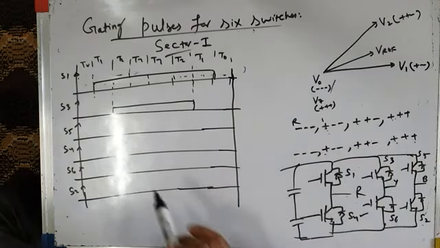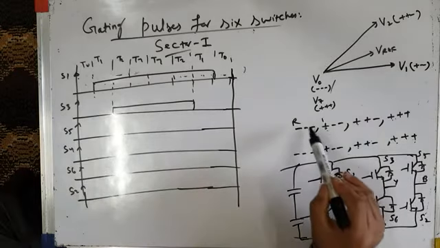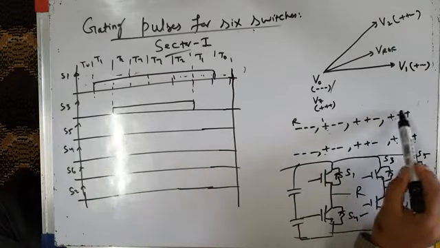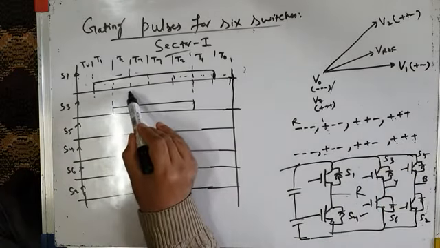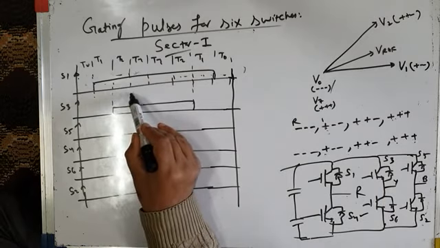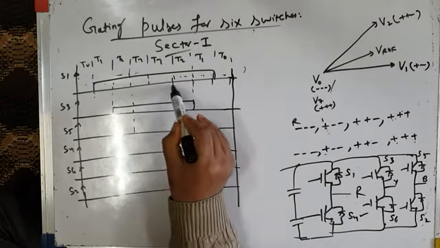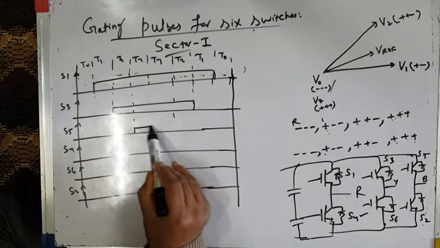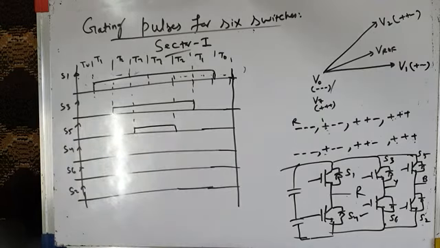Okay. 1 and 2 means this is T0, T1, T2, T7 and T7. So this is the T7 interval and this is next. So it is high for only these 2 intervals. So this is the switching pulse pattern for S5. So you have to understand it.